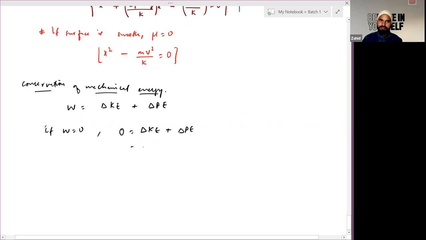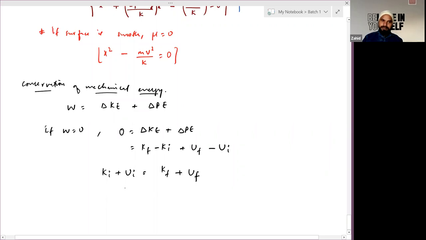So if you break this down, you will get kinetic energy final minus kinetic energy initial, potential energy final minus potential energy initial. Move the initial terms to the left hand side, you will get kinetic energy initial plus potential energy initial is equal to kinetic energy final plus potential energy final.